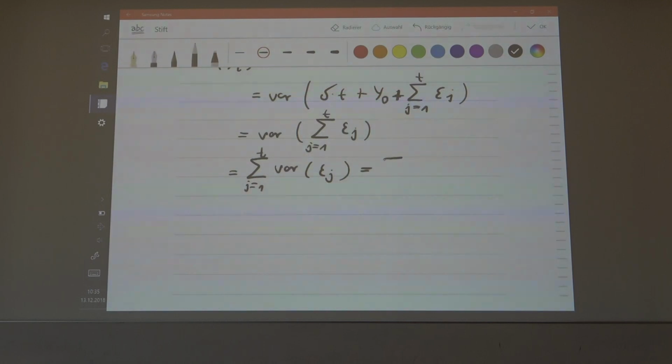The variance of the noise is always going to be sigma squared, and you have that t times, so this is going to be equal to t times sigma squared. So there is a linear dependency in the variance. That illustrates that the process is not stationary.